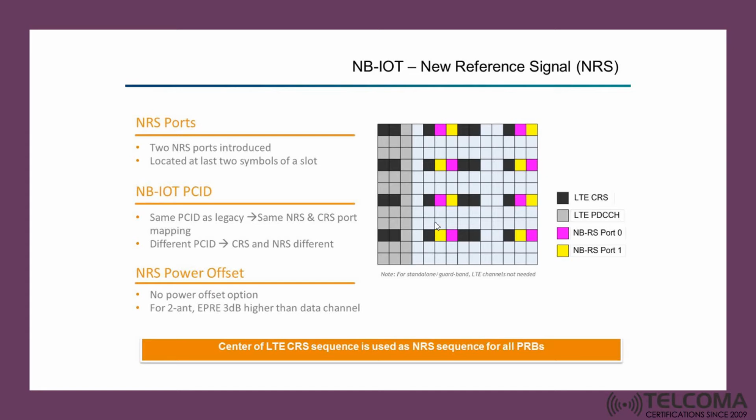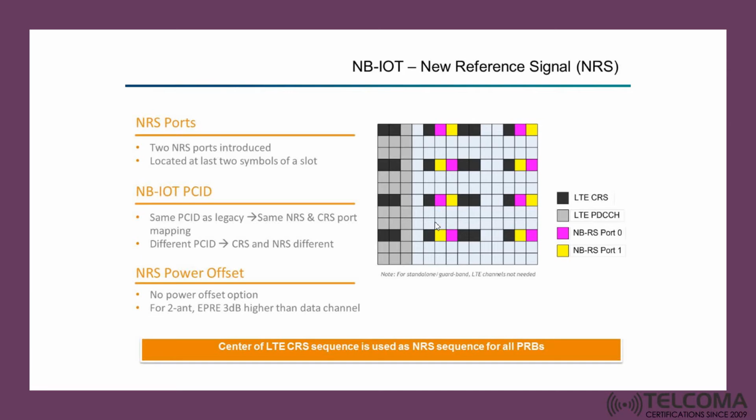And when it comes to NRS power offset, there is no power offset option given. If we are using one antenna port, there is no power offset between LTE CRS and NRS. If you are using two antennas, the power offset is higher than the regular data, I mean PDCCH or PDSCH data.